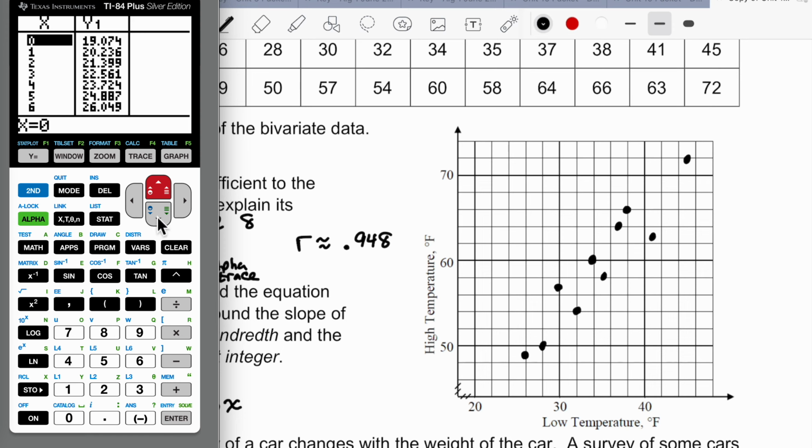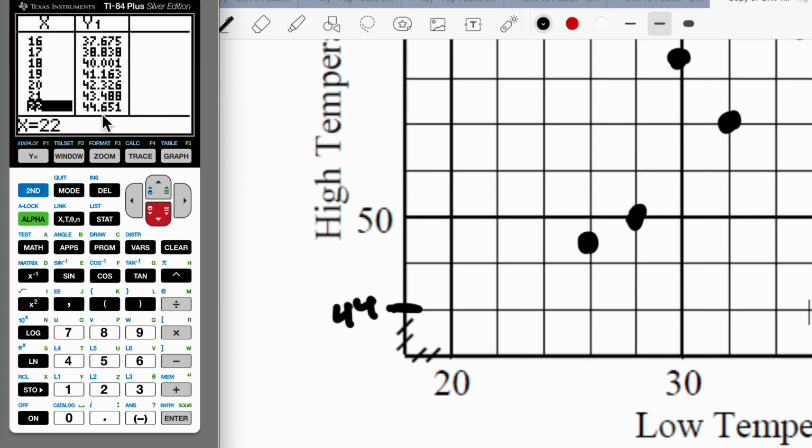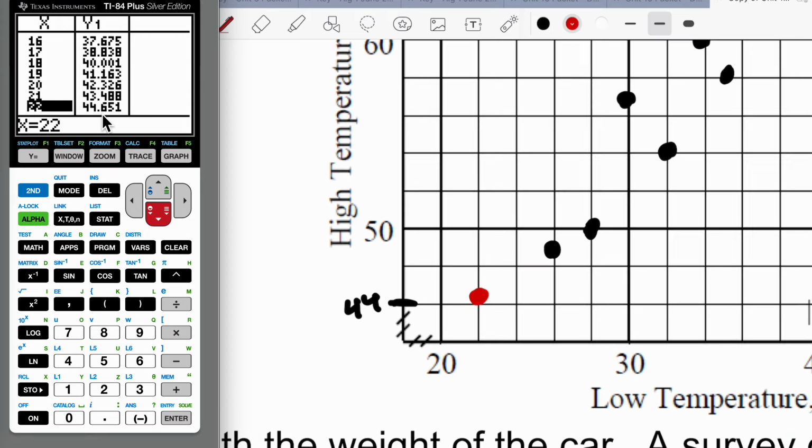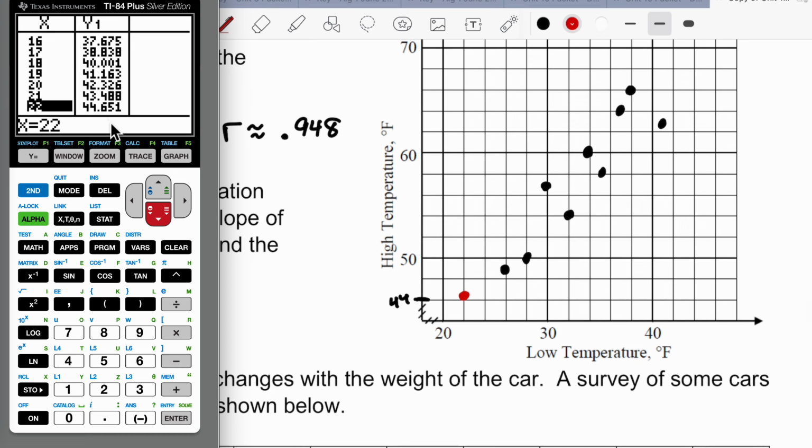What I'll do is grab the first point at the x value of 20, which would be 20 comma 42 and change. Even that's a little low because the lowest point that I have here is 44. I suppose I could ballpark it, but what I can do is grab something that I know is on there. So at 22, I have 44.651. So that would put me about right here. And then I could grab something a little higher down the line.